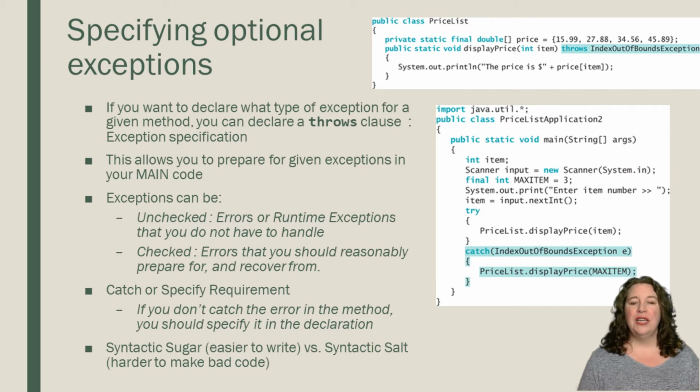If you don't catch the error in the method itself, you should probably specify it in the declaration that you're not handling the error. One of the things that can happen is sometimes you have code that you can't reasonably recover from and you need to let the error go through. It's going to blow up your system, and you know that because here's an error you weren't prepared for and you need something to happen to tell you that there was an error.